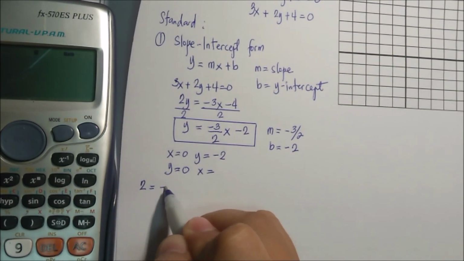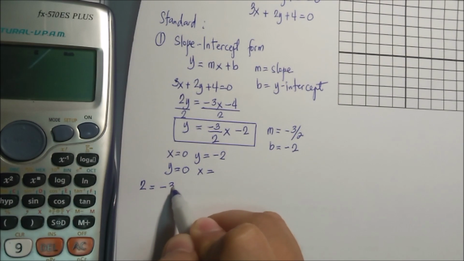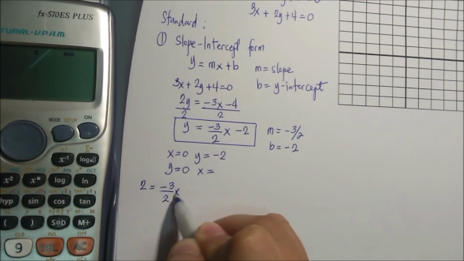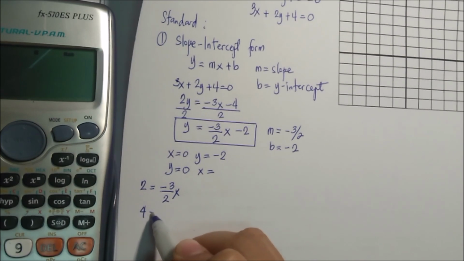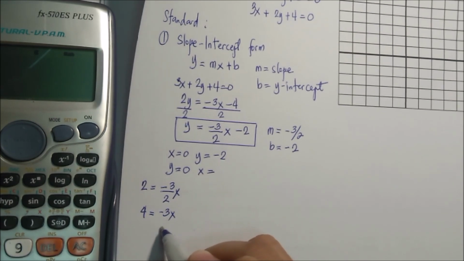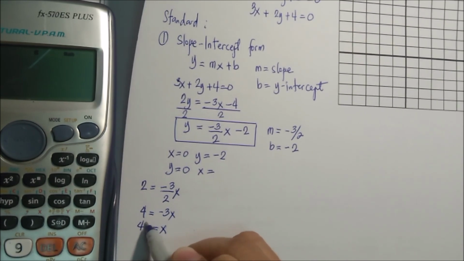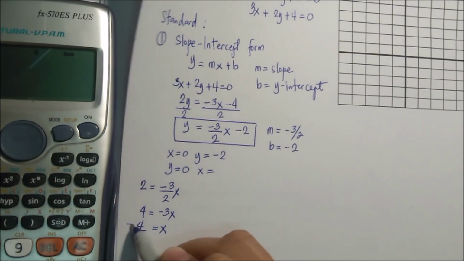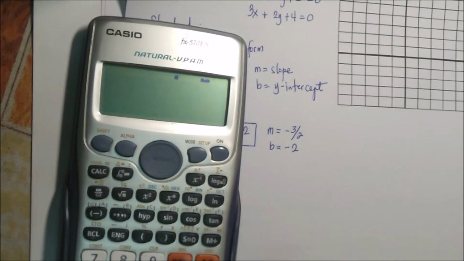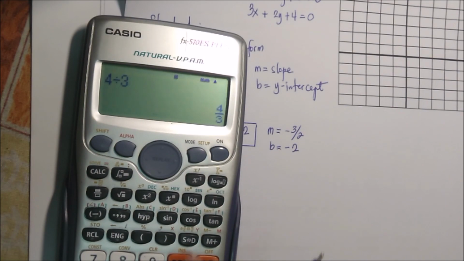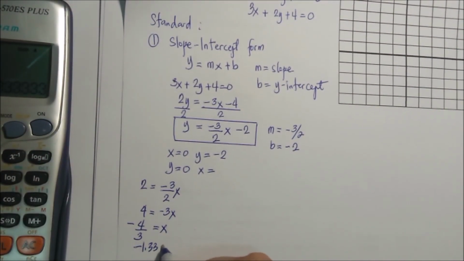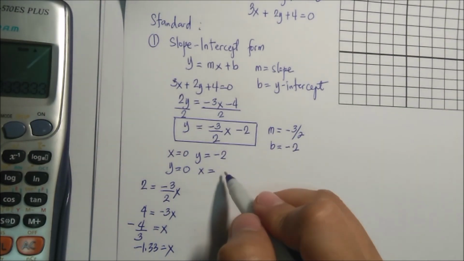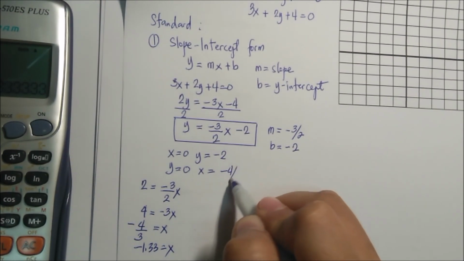That is equal to negative 3 halves of x. So 2 times 2, that is 4, equals negative 3x. So x is negative 4/3. 4 divided by 3 is 1.33, so negative 1.33 in decimal. So x is negative 4/3.